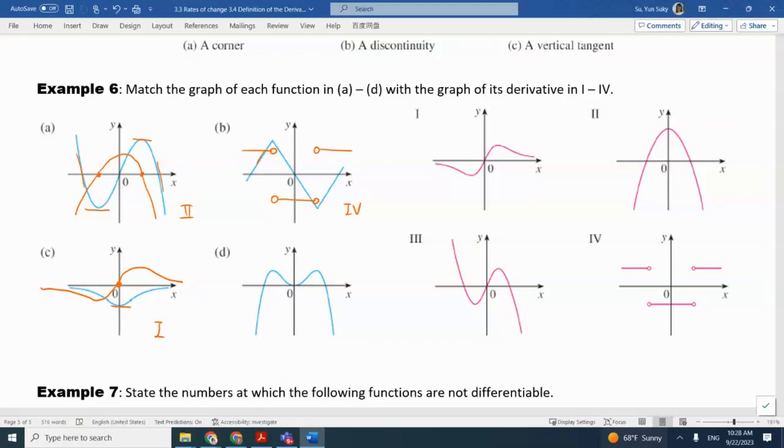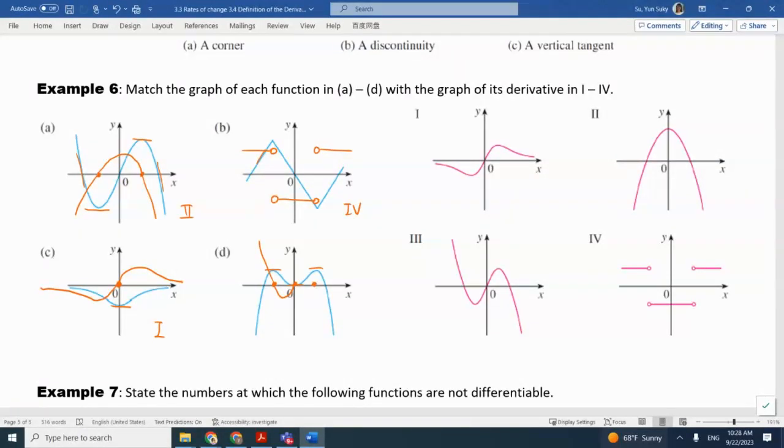Okay, D. You find where the slope is 0. So here, here, here. On the left side, this piece, your slope is negative? Positive, yes. So it lies above the x-axis. And then this piece, the slope is negative, so below the x-axis.